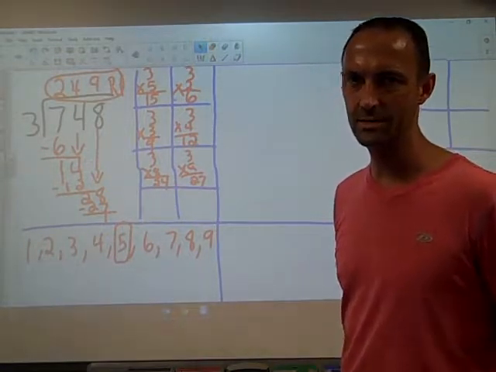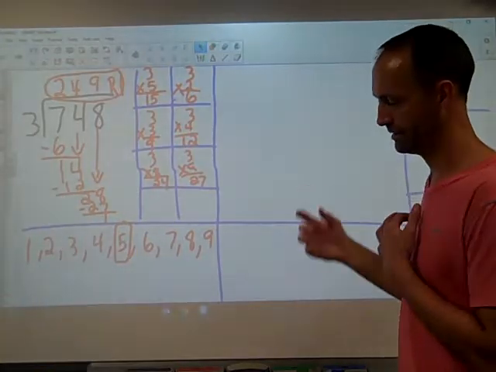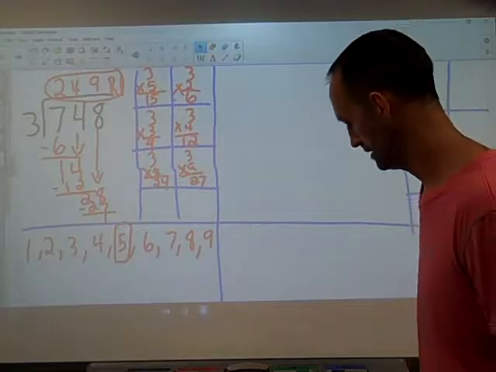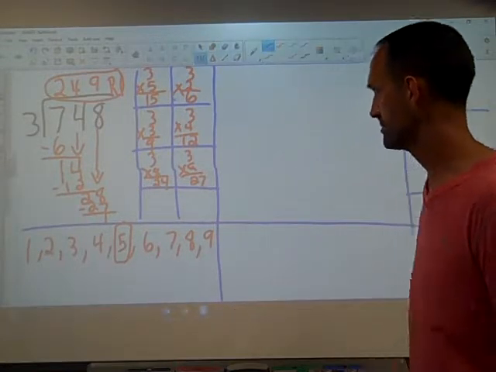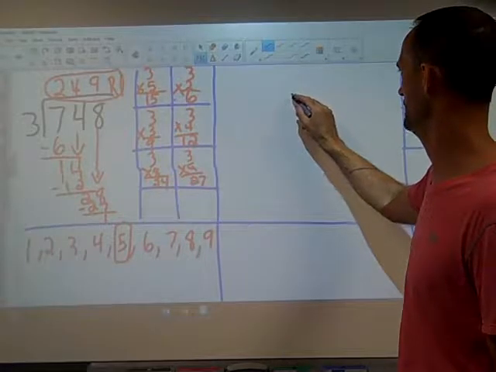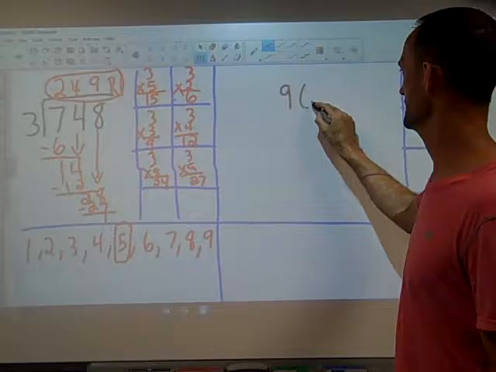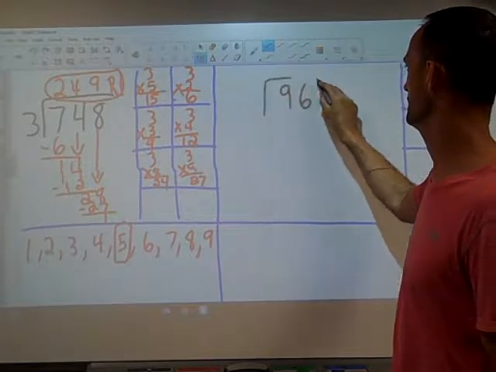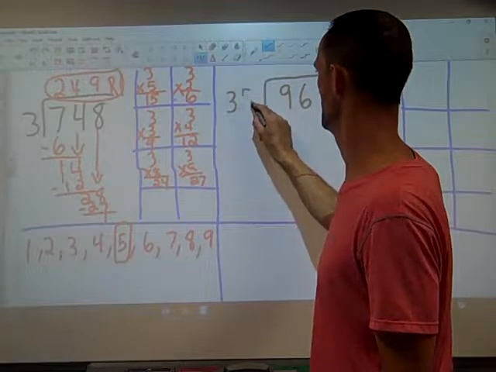Now that's a single digit divisor. I want to show one more example of where we have a 2-digit divisor. So we're going to use the number 900, we'll do 67, and we're going to divide that by 35.